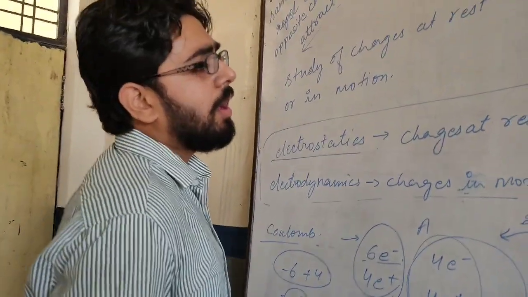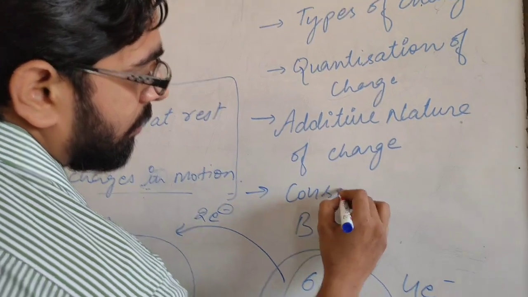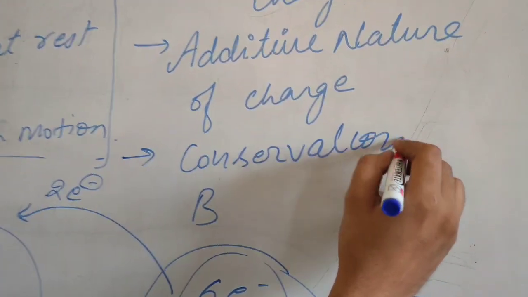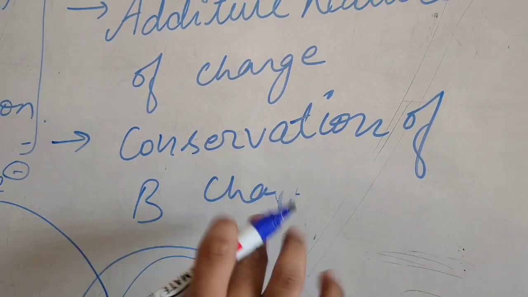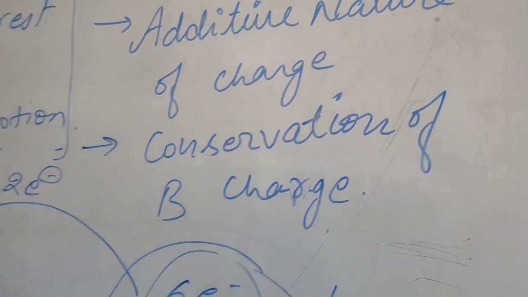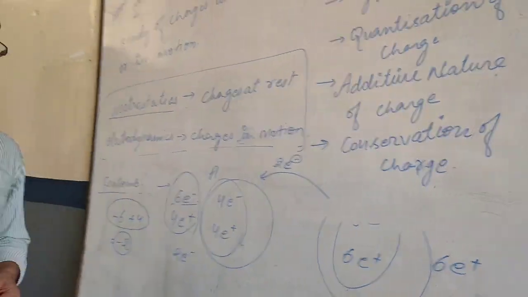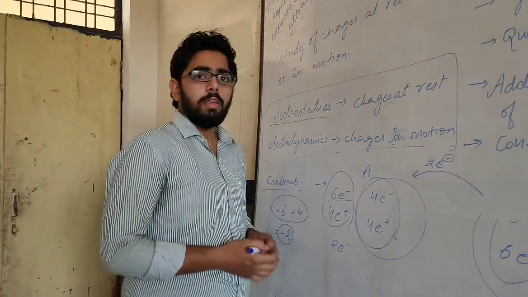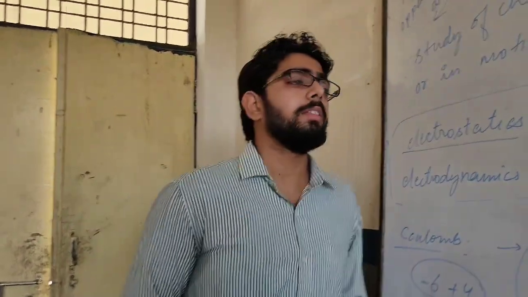Okay, now one more thing is there, that is conservation of charge. What is conservation of charge? It means that if any isolated body is there, then there will be no gain and no loss of electrons.